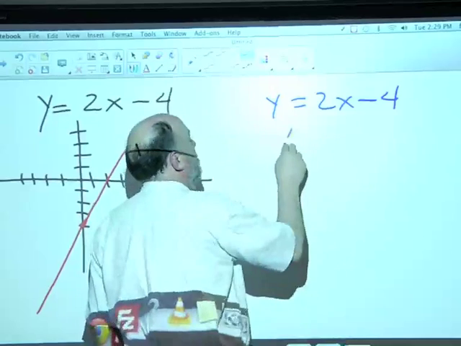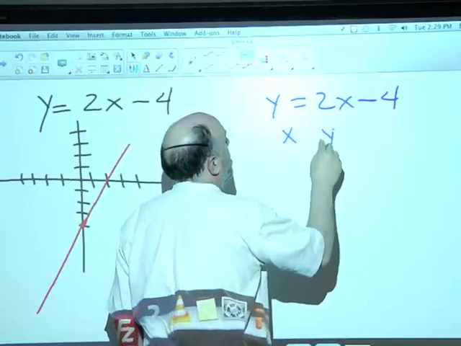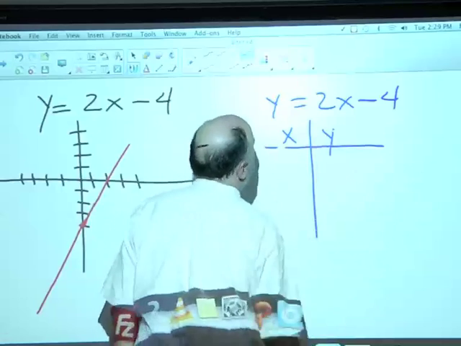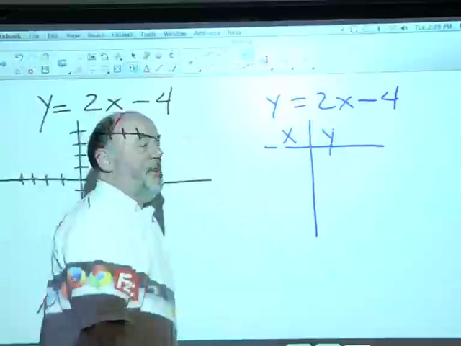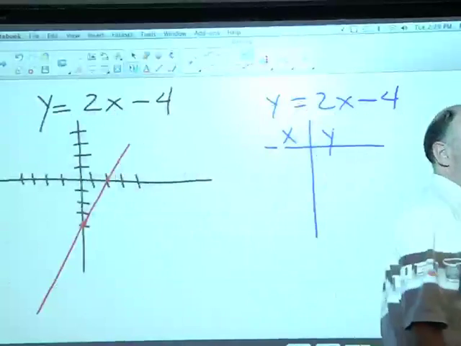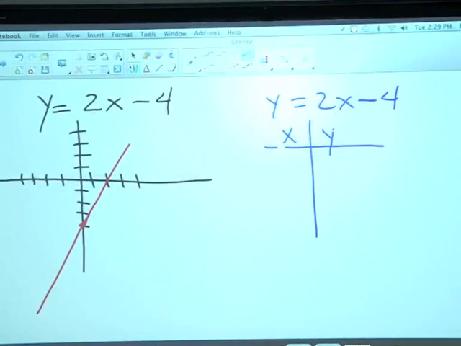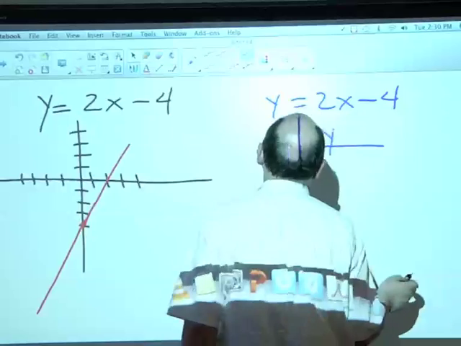So let's make a little chart. Pick 2 numbers for x. Give me 2 numbers for x. 4 and 6. Okay, well, the only problem is the numbers you pick, you actually have to put on the graph. So, 2 and 3.